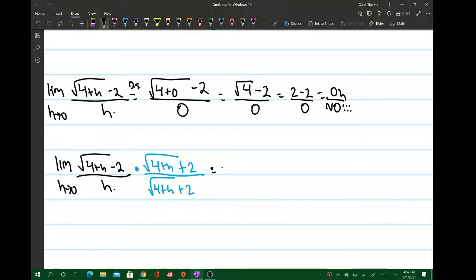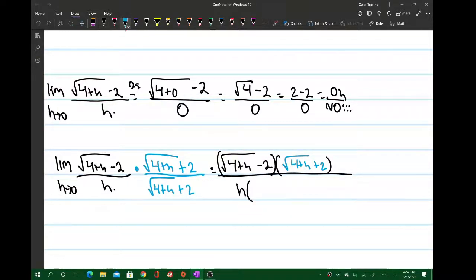But for those of you who don't know it by memory, you can just say the square root of 4 plus h minus 2 times the square root of 4 plus h plus 2, and then you can do FOIL method on top, and keep the bottom unfactored, like I said, or keep the bottom unfoiled, like I said.